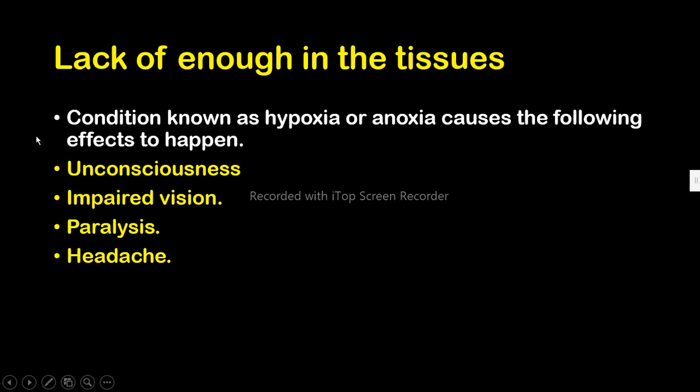And so the following happens. You feel headache. Generally your muscles are fatigued. Generally you are weak. Raising your arm becomes an issue. Raising your foot, moving becomes an issue.